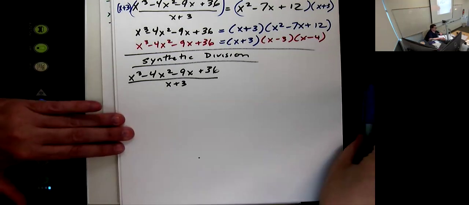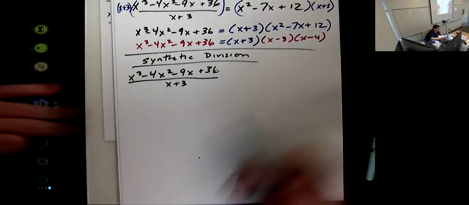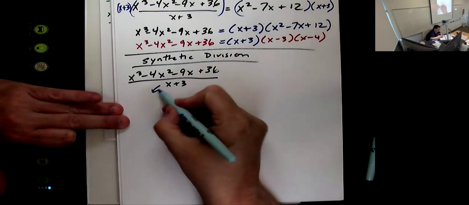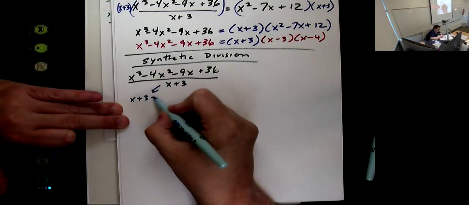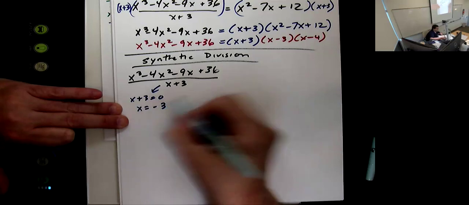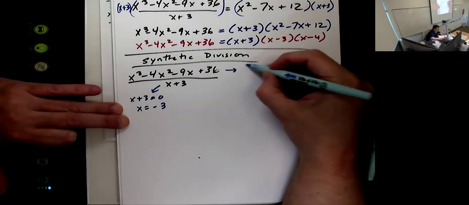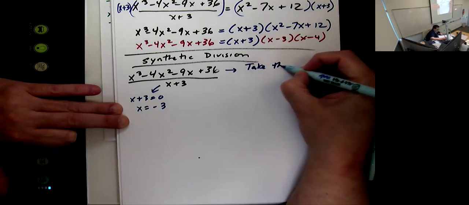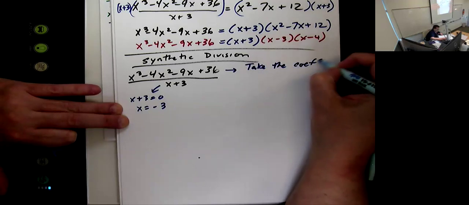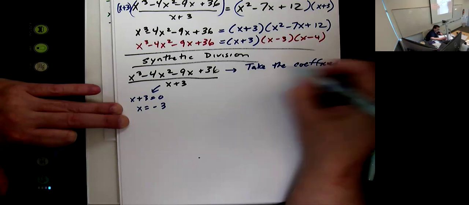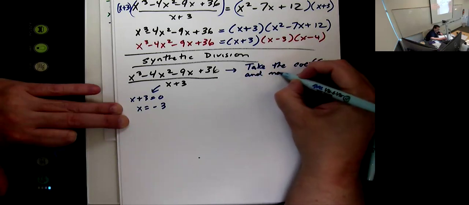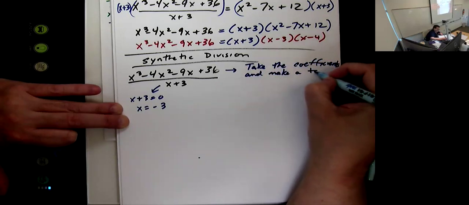Okay, so synthetic division works like this. We take this and we set it equal to 0 and we find out what x equals. Here, take the coefficients and make a table.